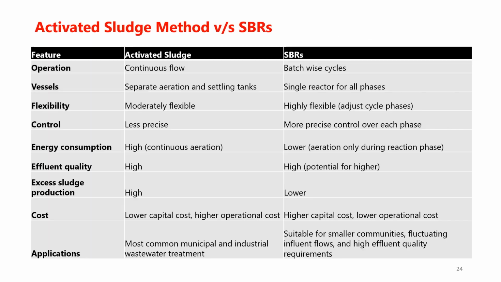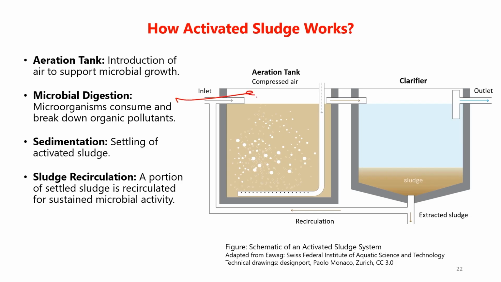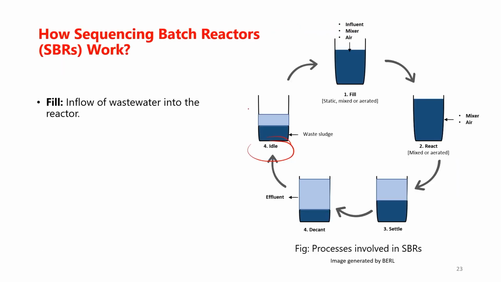And if we compare the two methods, activated sludge versus SBR, we can see that the two processes are different. From the operational point of view, activated sludge is a continuous operation, but here it is not continuous.